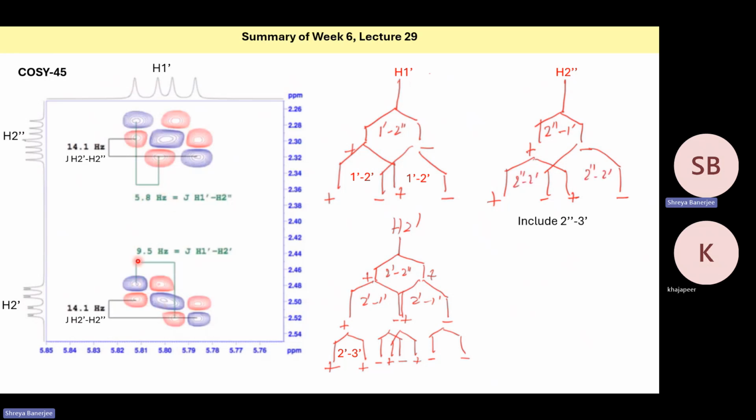And if you take another similar distance in the lower peak, you will get 1 prime, 2 prime coupling constant, which is around 9.5 hertz. And both of these will have the geminal coupling constant, that is, 2 prime with 2 double prime, this is giving you 14.1 hertz, and that will be the same here as well, 14.1 hertz. So because the resolution is so good, it is very easy just to find the coupling constants between the different protons from the COSY 45 experiment.